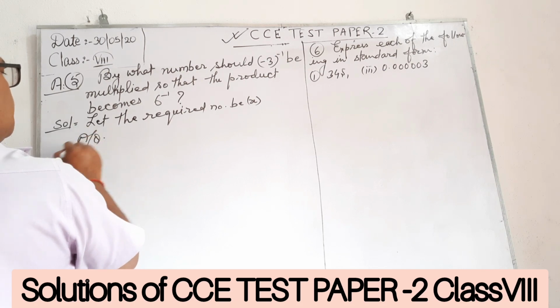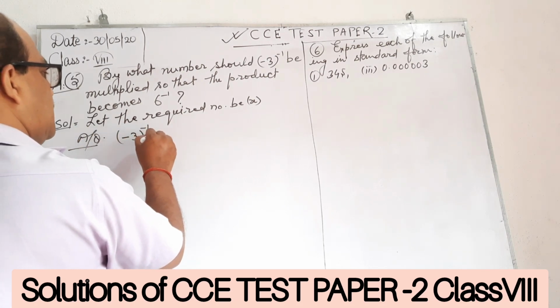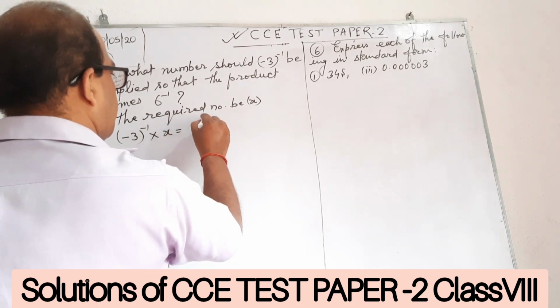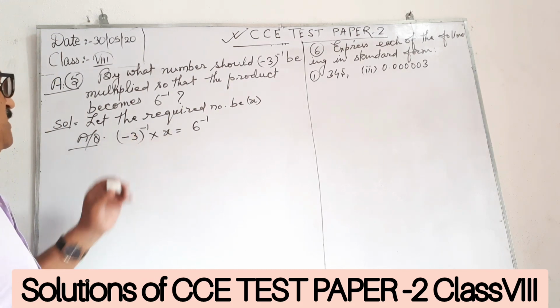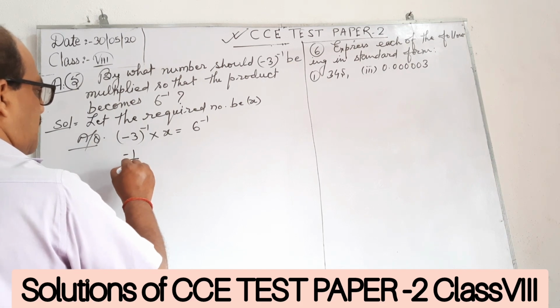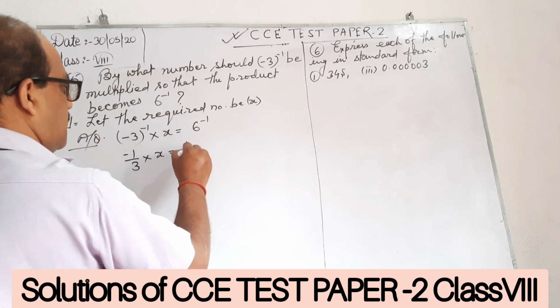According to the question, minus 3 to the power minus 1 into x so that the product becomes 6 to the power minus 1. Simplify: minus 1 by 3 into x is equal to 1 by 6.